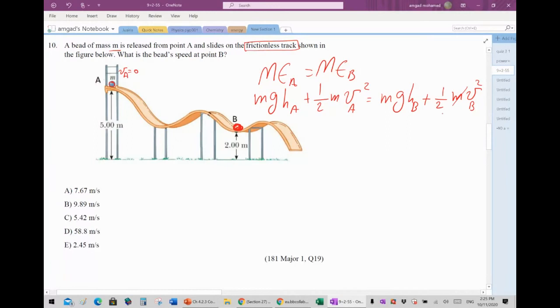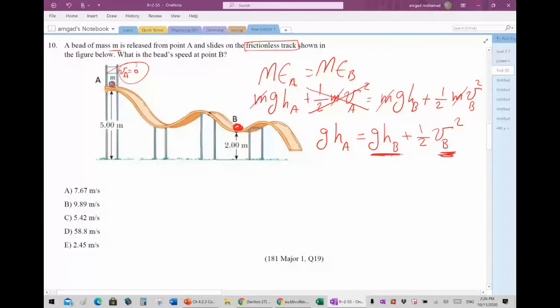Of course, we can remove the mass m, and also the initial speed is 0, so we can cancel this one. So the leftover is g times h_A equals g times h_B plus half times v_B square. We are looking for the speed v_B.